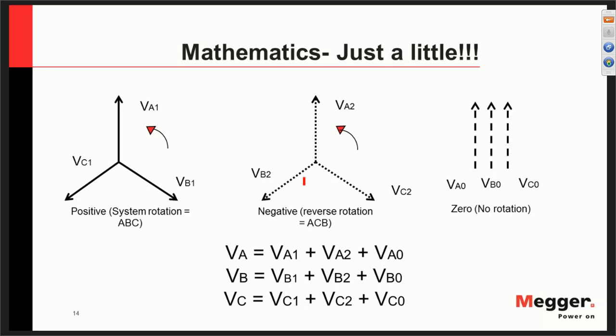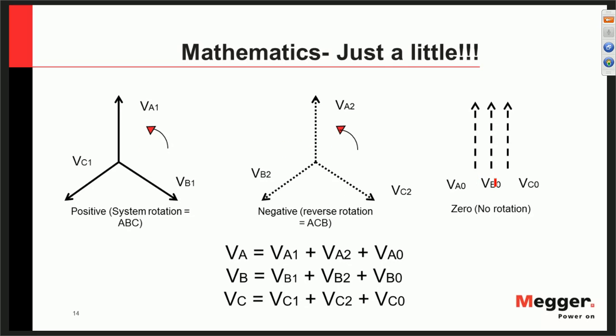On the other hand, my negative sequence is nothing but a positive sequence with a reverse rotation, which means if I have a system rotation of ABC, I will have my negative sequence vector as ACB. But they all are equal in magnitude, as I said.